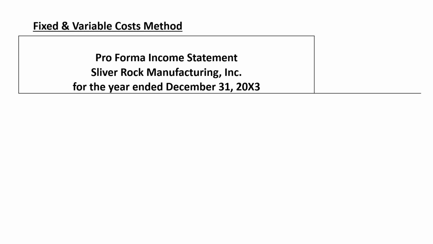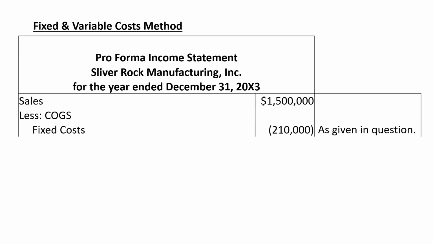This method is more complicated than the first method, so please pay attention. Same thing, the future sales is forecast at 1.5 million. You less the cost of goods sold. The fixed portion here is expected to remain unchanged. We have made the assumption that it is expected to remain unchanged, so given the question, 210K.